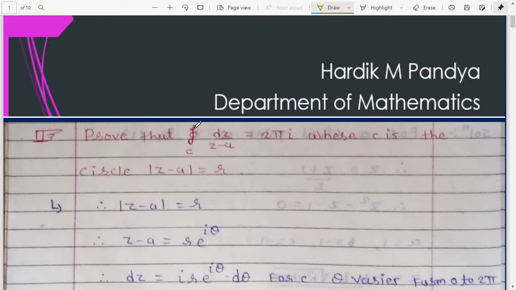Prove that the integration over closed curve C of dz upon z minus a is equal to 2 pi I, where C is the circle mod z minus a is equal to r.